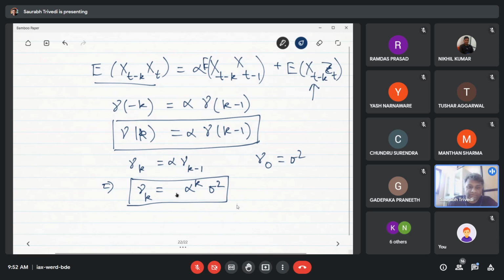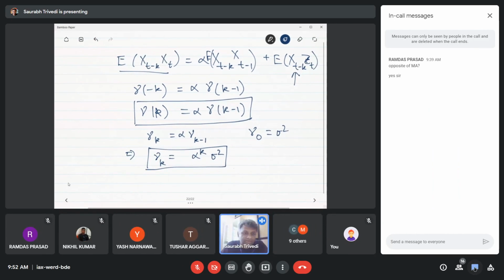Is this clear? I mean, who can say it is clear? Is there any problem with this so far? So what we can do is go through this again in the next class if you want.